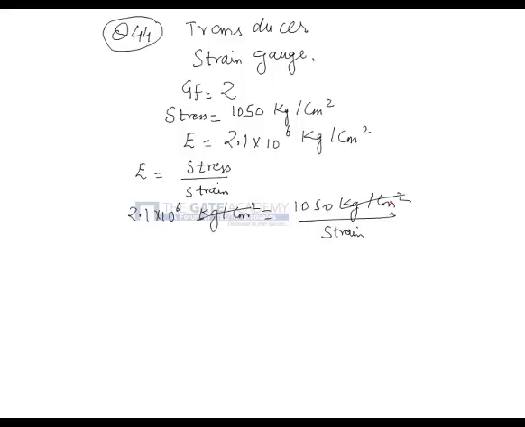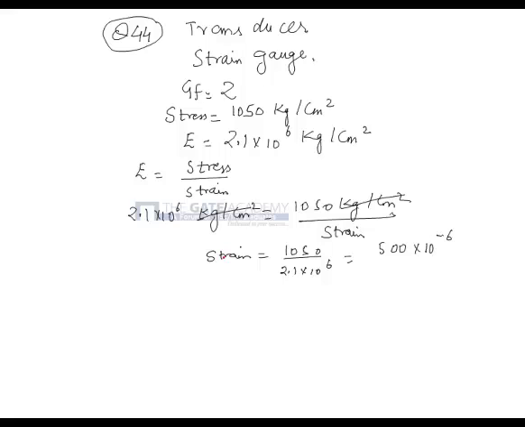Both of the units will get cancelled, and the value of strain will be 1050 divided by 2.1 into 10 raised to the power 6. So it will be 500 into 10 raised to the power minus 6.